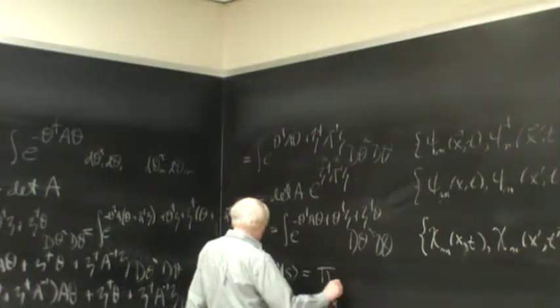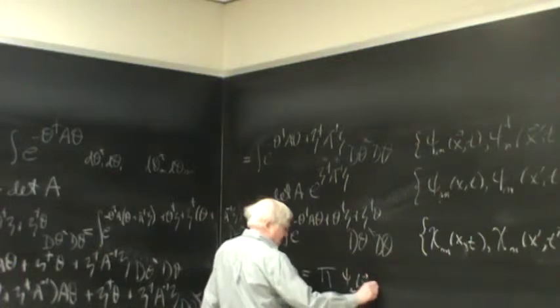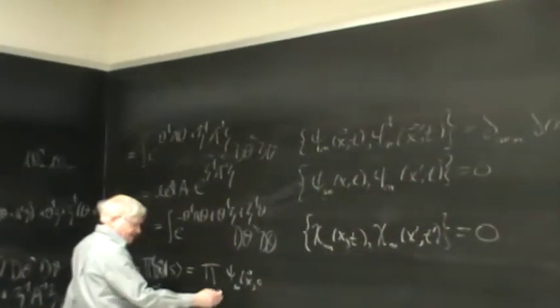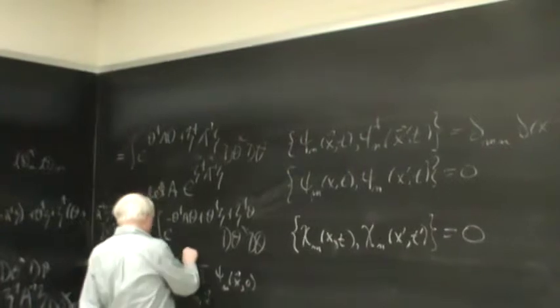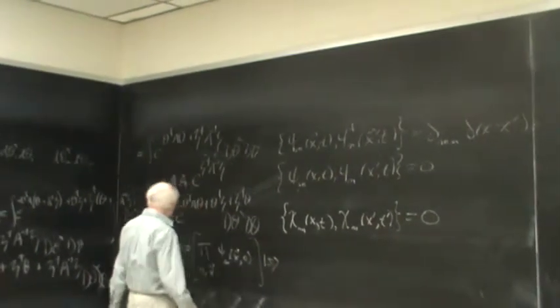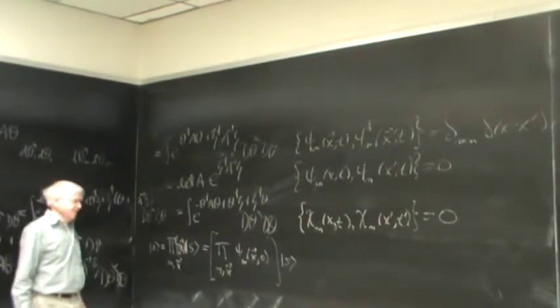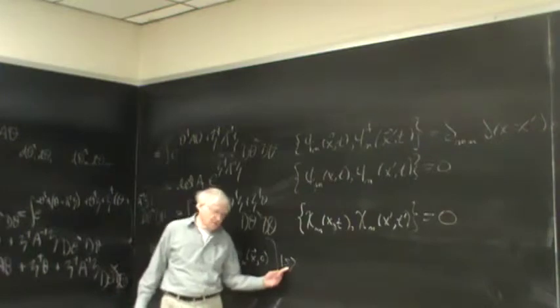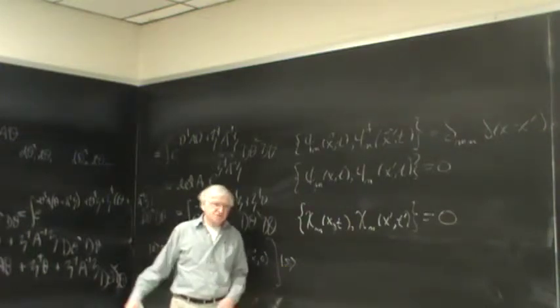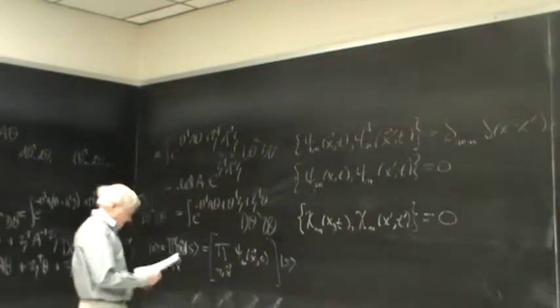All space points, psi m of x, and I'm defining this at time 0. So it's all of this acting on this state S. And that's what we're taking to be 0. So there's a certain arbitrariness about this, namely what the S state is, just as there was when we had just a single Grassmann variable or a single pair of Grassmann variables.